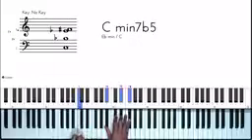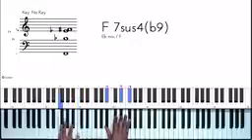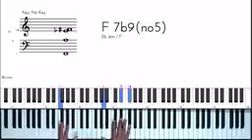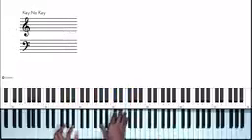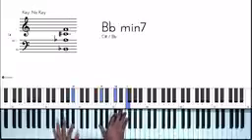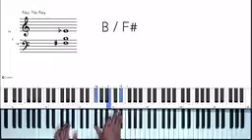And then we simply go to the 3, which is F, and we bring this down a half step, right? And then we land on the 6, B flat minor 7, or the 1 over the 6. Then we play the 5, or the flat 7, which in this case is a B over the 5.